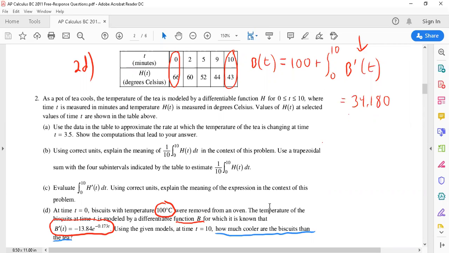Okay, after 10 minutes, the temperature of the tea is 43. So if you want to find how much cooler the biscuits are, you do the temperature of the tea at 10 minutes minus the temperature of the biscuits at 10 minutes, which we just found. So that's going to equal 8.820 degrees Celsius.